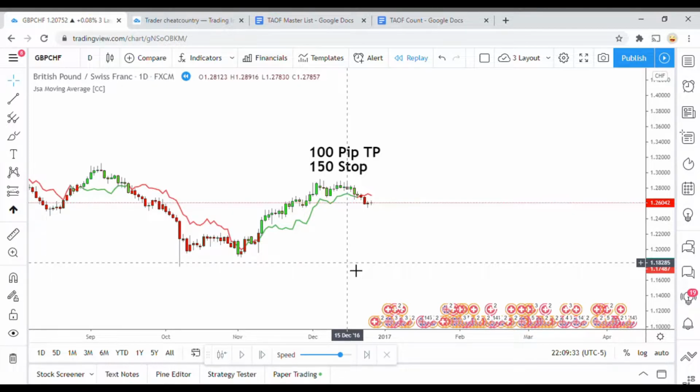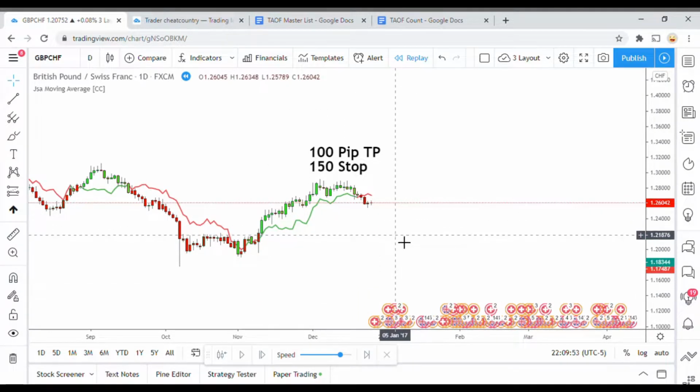This is the JSA moving average, and it's not a common moving average. Maybe some of you have heard of it. I would venture to say that most of you have not. And so my philosophy is that even though we have tested multiple moving averages in the past, we definitely need to make sure that we're testing any new ones that we come across.